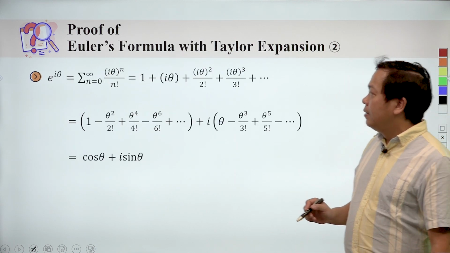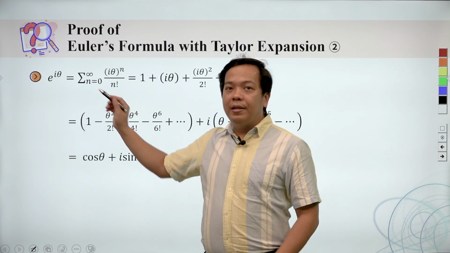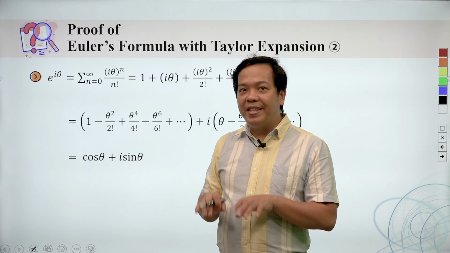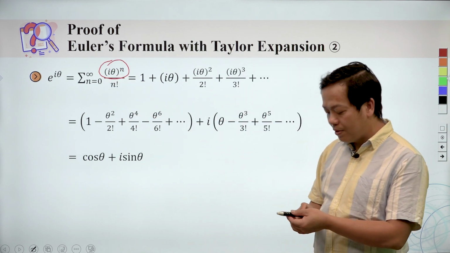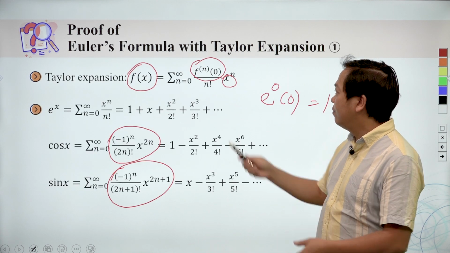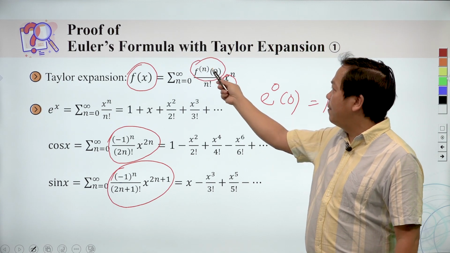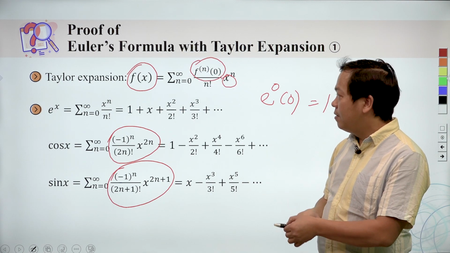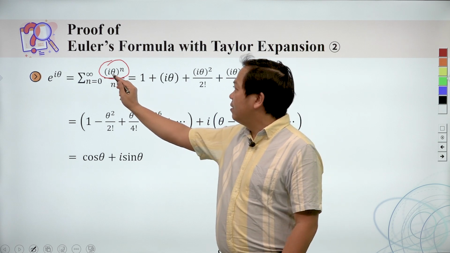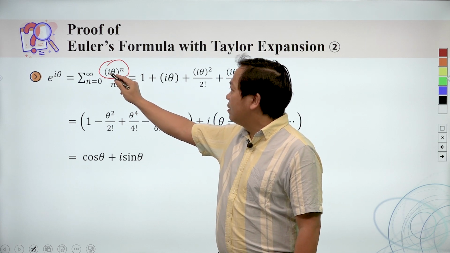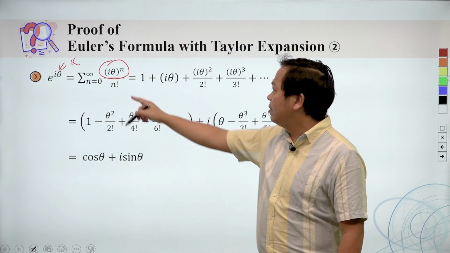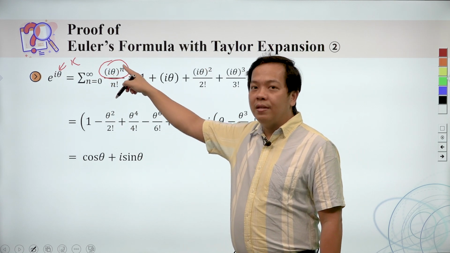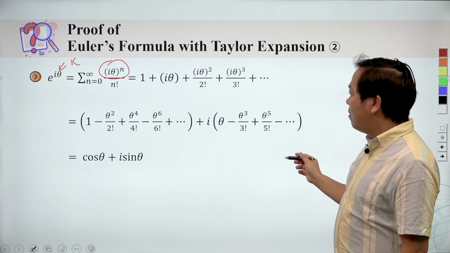And about e to the i theta, if you see based on the previous part, the formula with f of the real, right? We can have this one as x, because this is kind of x. So x to the n, or this i theta to the n.